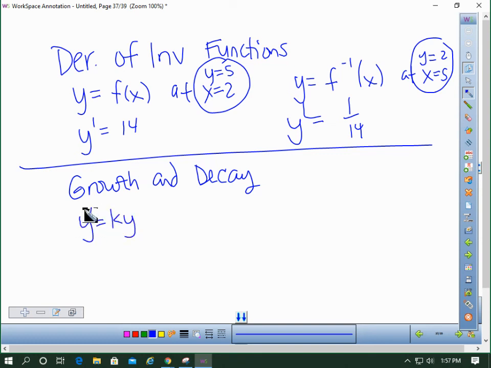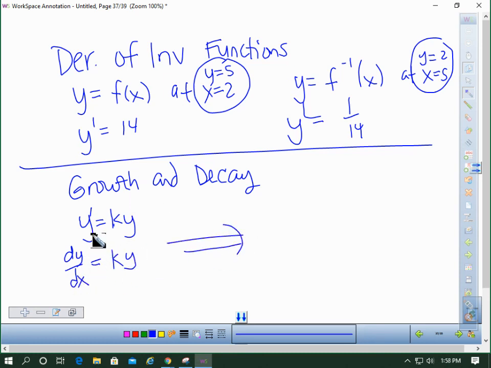That's where the change in the value is proportional to itself. Every time we did dy/dx equals ky, we brought the y over here and the dx over here and we integrated. And every time we did the calculus, it always led to this equation from last year. Y'all remember this? And you can either use an r or a k.